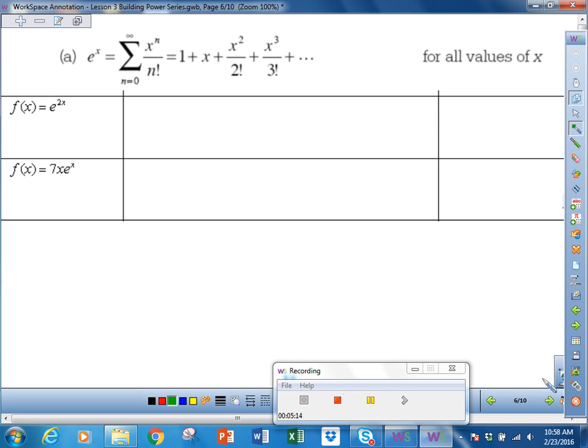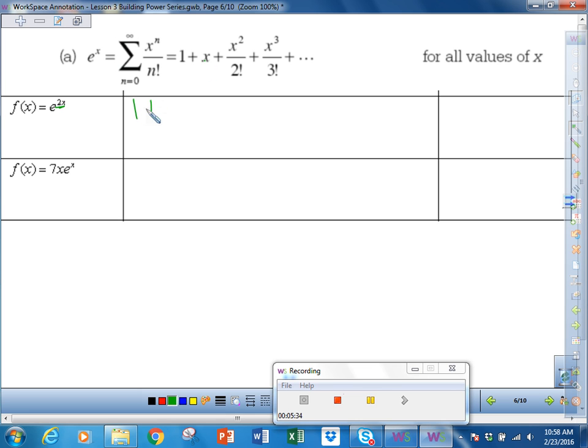Let's do an example with e to the x. e to the x is our favorite because it's so easy to write. So with e to the 2x, every place I see x, I'm going to replace it with 2x.